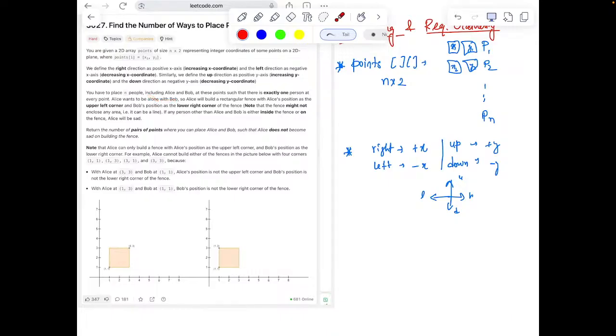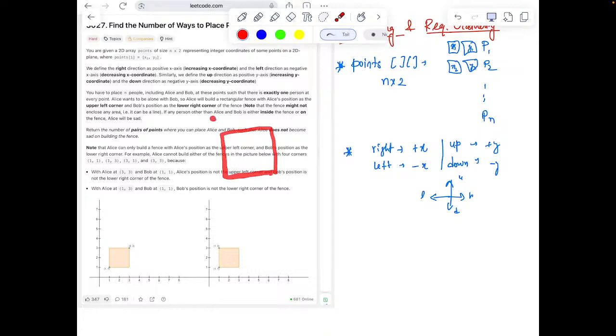So Alice will build a rectangular fence with Alice's position as the upper left corner. Okay, let me think.